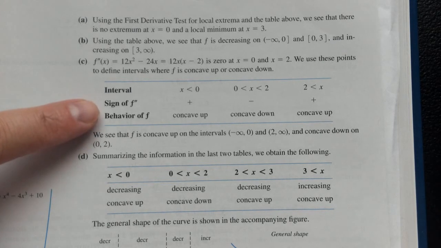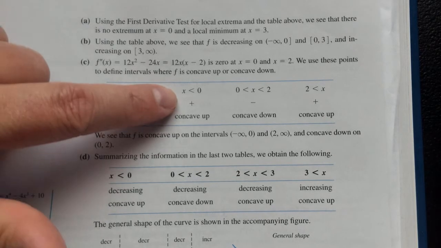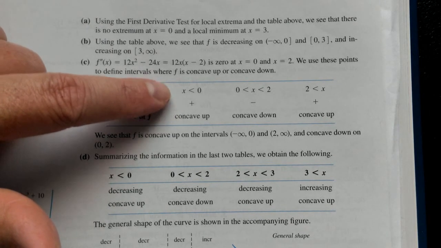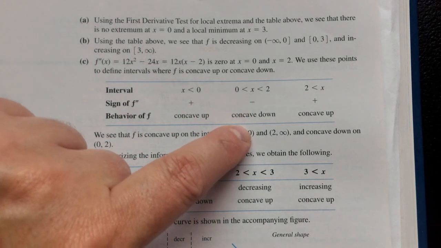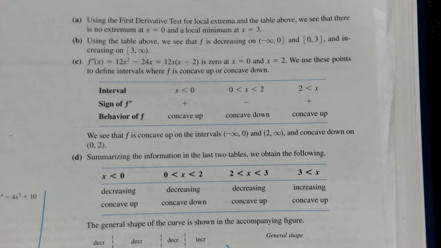See what the sign of f double prime is to the left of it. So we're going to have to check different values. Like you could check -1, -5, -10, or whatever. And then on this one you could check 1, and on this one you could check 3, 5, 10, or whatever that's bigger than 2.